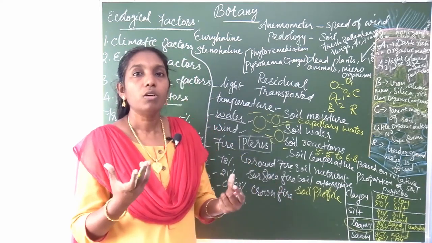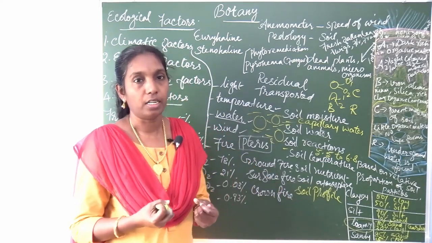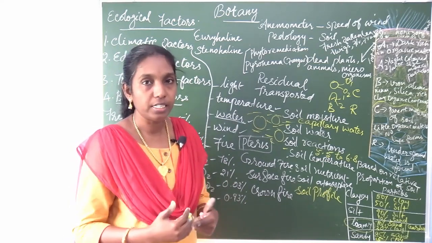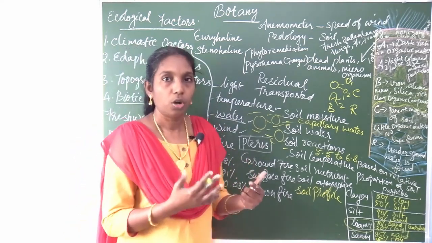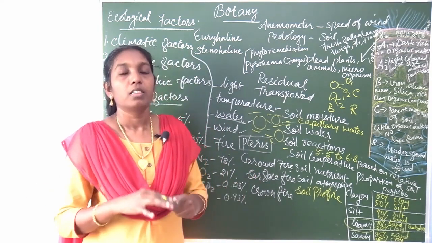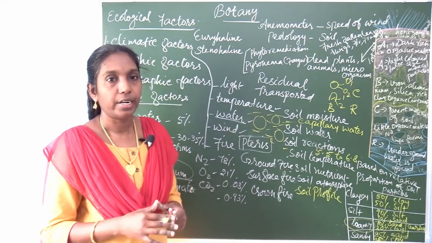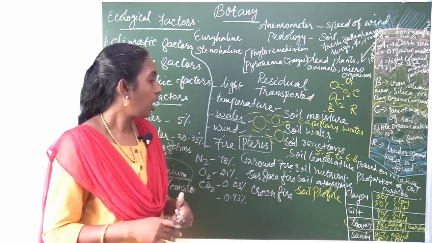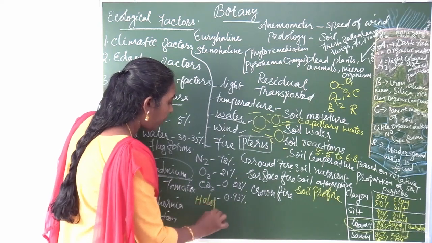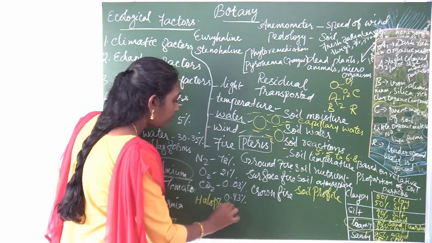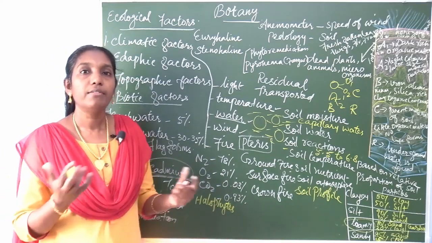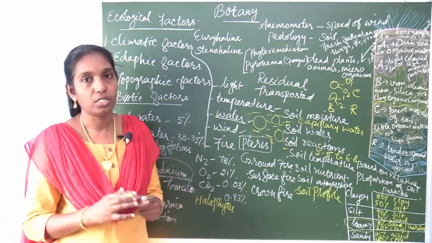Based on the water retention capacity, the vegetation is classified into different types. The first classification is halophytes. Halophytes are the plants which live in saline soil.